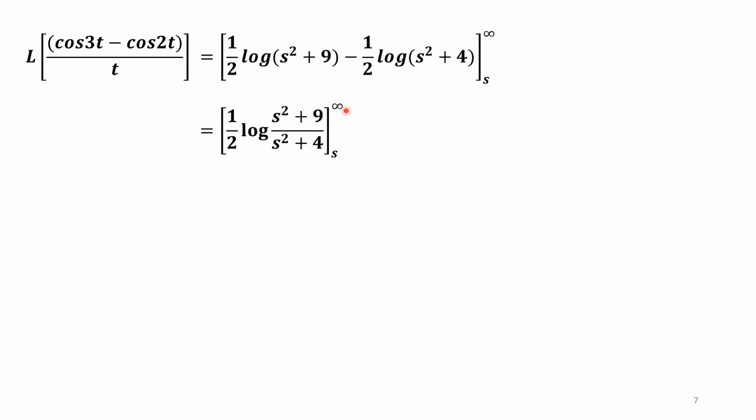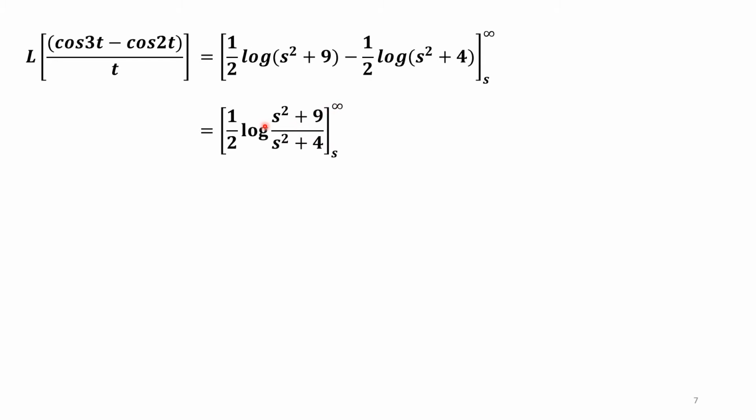So we have seen in the previous lecture, when we substitute s is equal to infinity, the whole term becomes 0. How does it become 0? We take s square outside from the numerator, s square outside from the denominator, so that s square will get cancelled and the remaining will be 1 plus 9 by s square. So when I put s is equal to infinity, that part will become 0. So we will get log 1, that is equal to 0.